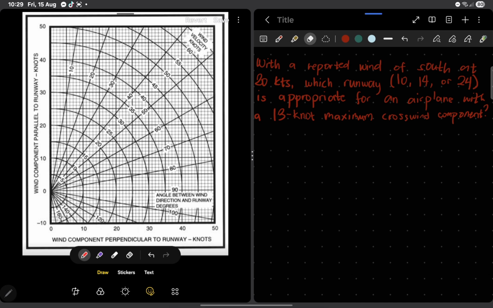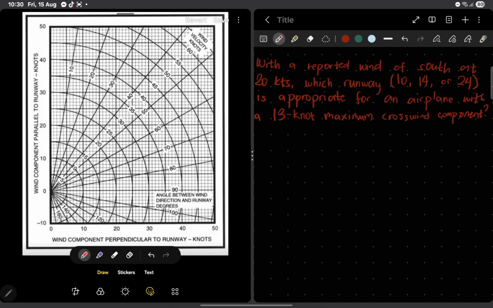So we have our last example here with a reported wind of south, which is 180 degrees, at 20 knots. Which runway is appropriate for an airplane with a 30 knot maximum crosswind component?